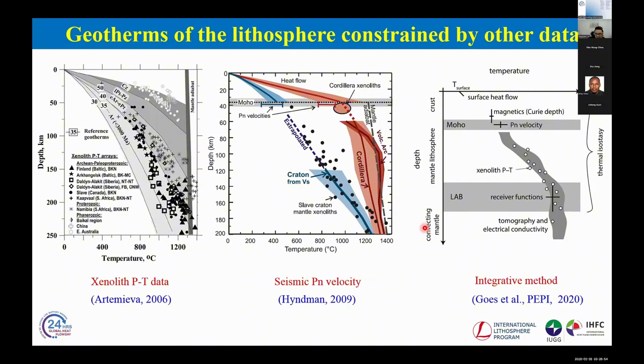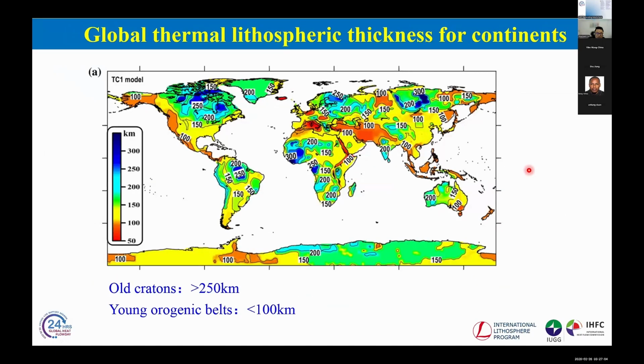We can give a little bit more clear and reliable information about the thermal structure of the continental lithosphere. So let's have a look around the thermal structure of the lithosphere at the large scale, the continent and global scale.